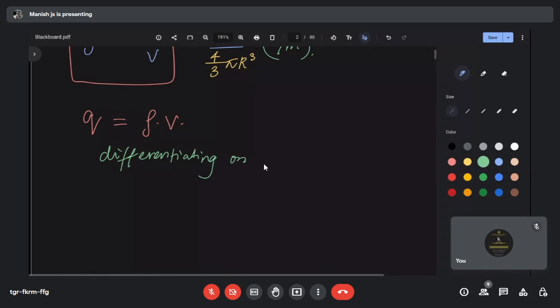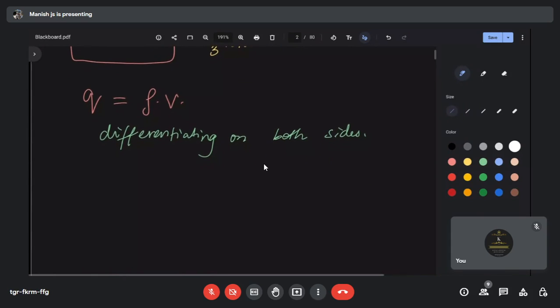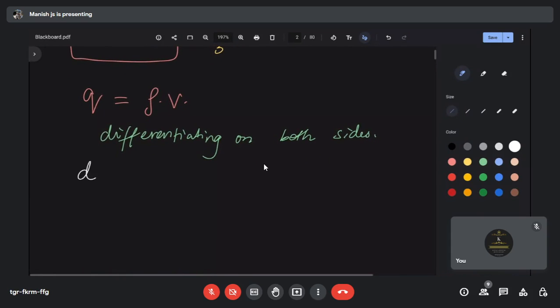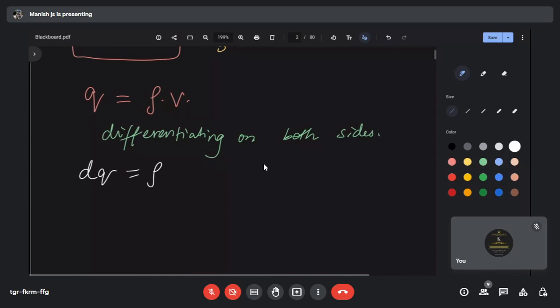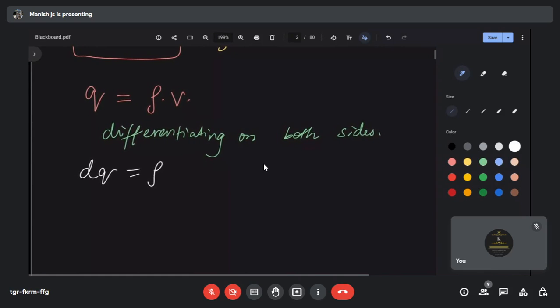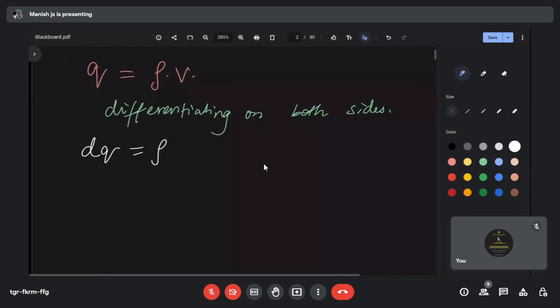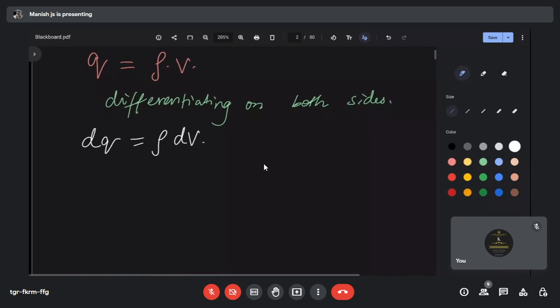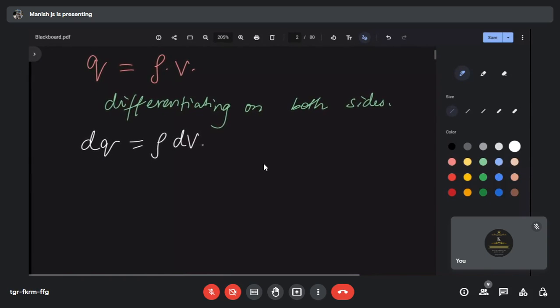When I differentiate, I express the differential operator: dq will be equal to rho dv. Now rho is constant. Rho is nothing but the volume charge density. Density will remain constant, it will not change. But volume can change; the region can be smaller or bigger. So we can write dq is equal to rho into dv. This is how I bring the relationship. dv is nothing but the change in volume.